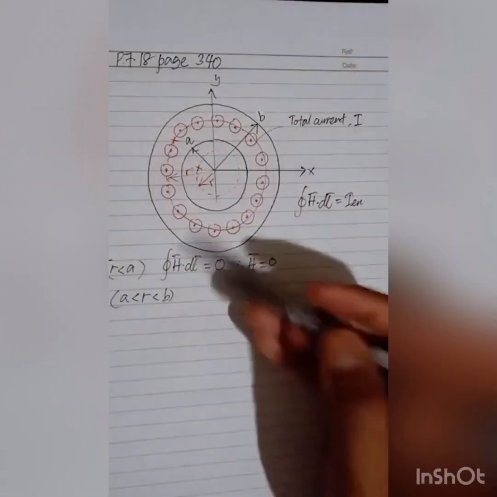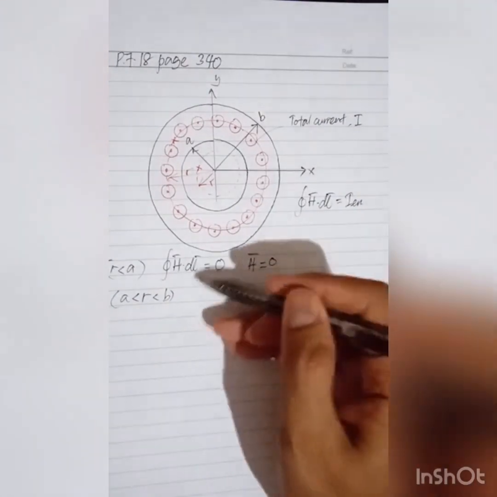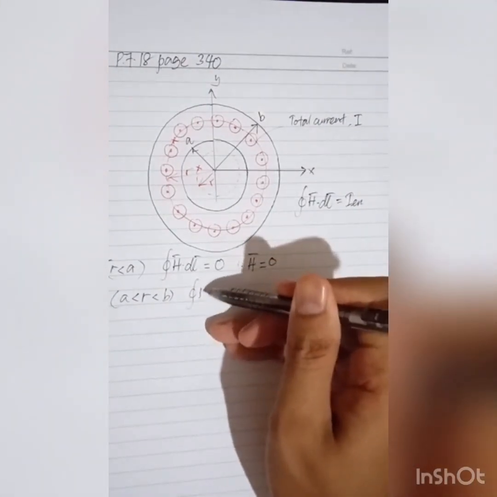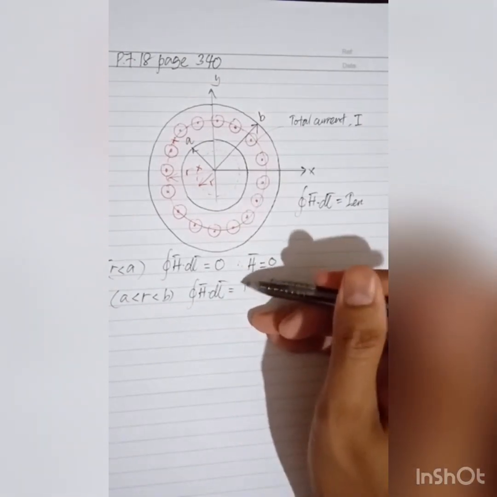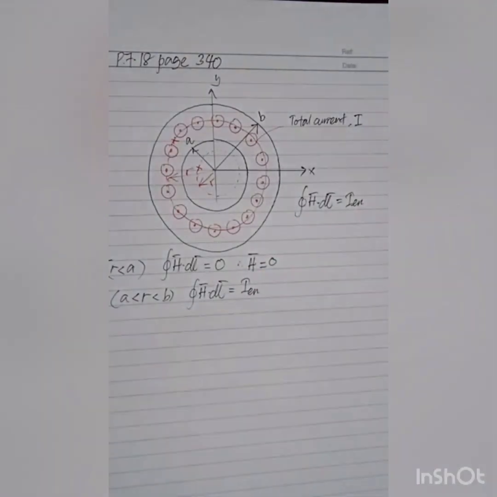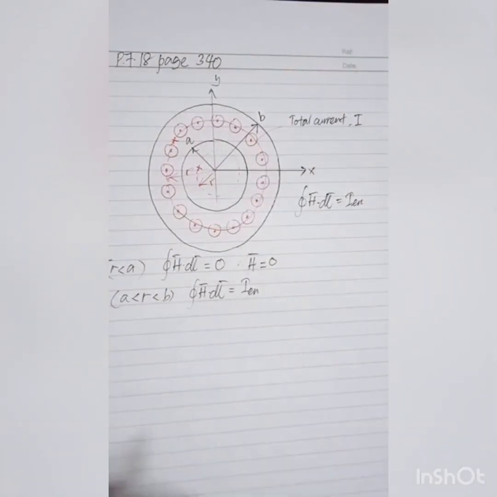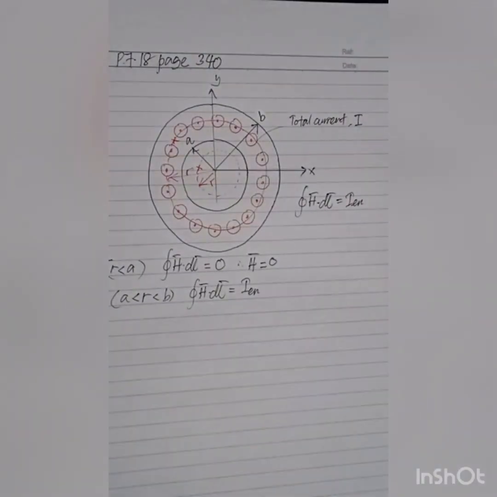Again, let's apply ACL: the closed integral of H dot dl equals I enclosed. Alright guys, we can find the I by finding the current density.